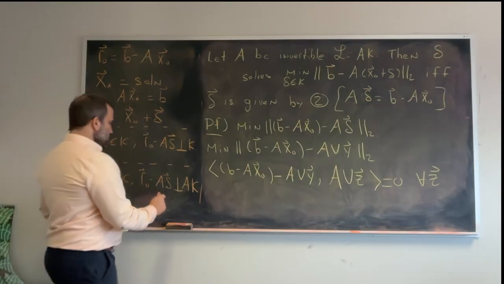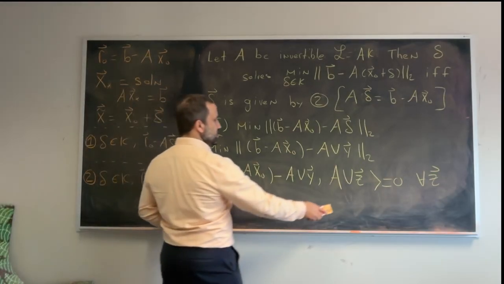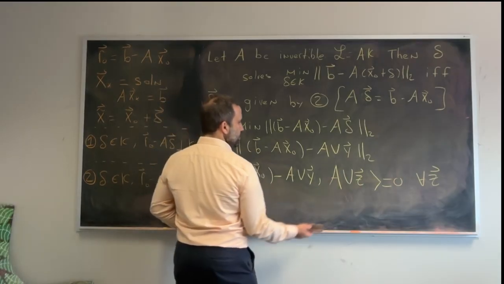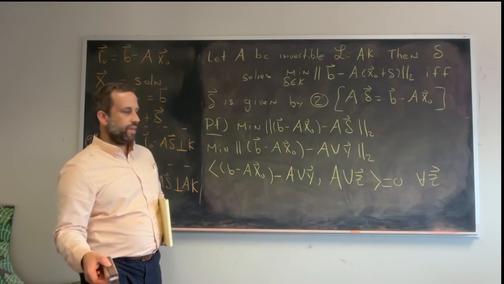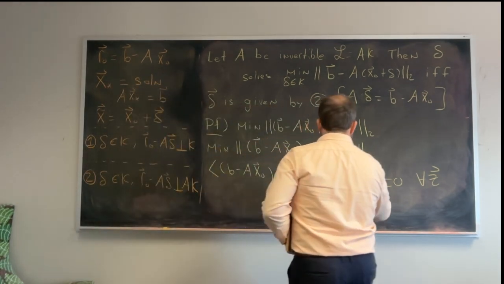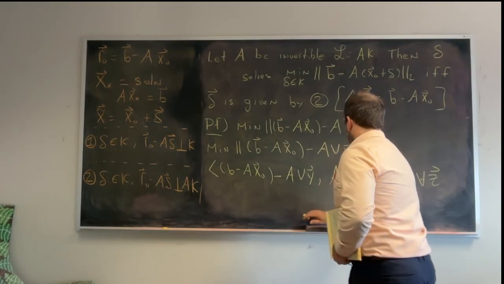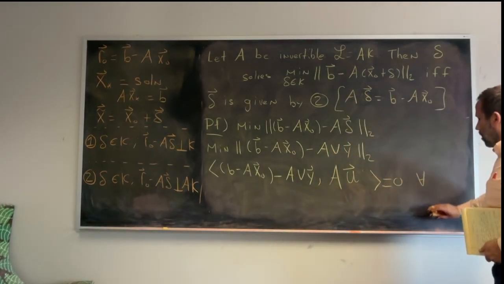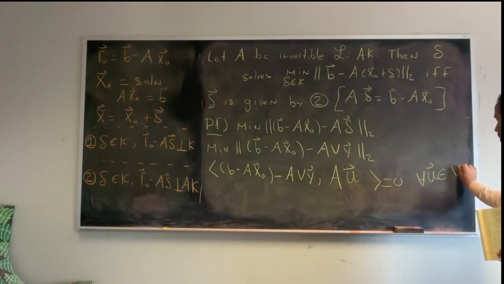Okay, but notice we can write this a little bit differently now. As Z runs through its space, V times Z is going to run through the subspace V. So I can write this in this form: I'm going to have A times U, and we want that to be equal to 0 for all U in V. Okay, but what about A times U?